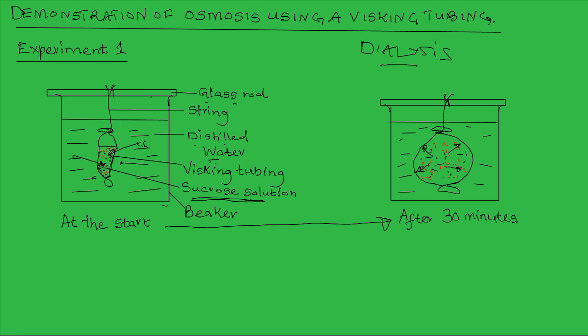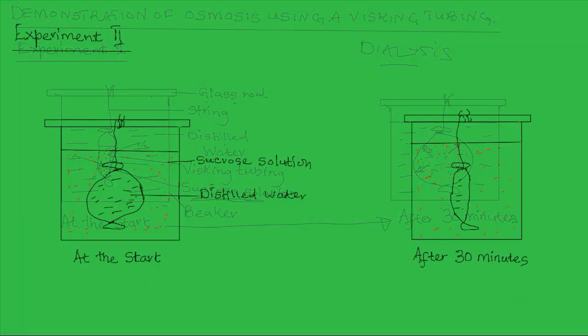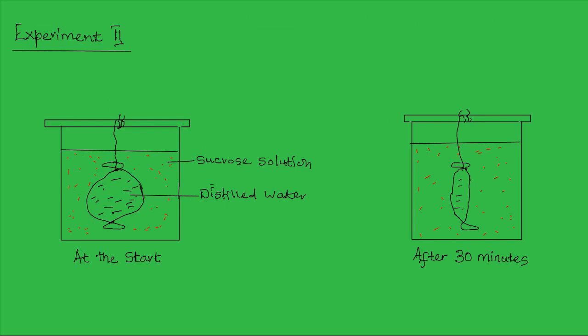In this second experiment, Visking tubing that is filled with distilled water is placed in a beaker that contains sucrose solution. After about 30 minutes, it is observed that the Visking tubing reduces in size. It becomes smaller. Why?